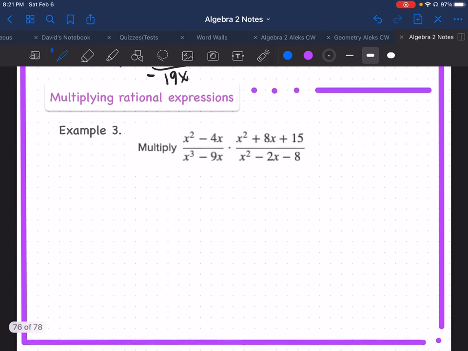Okay, so I'm going to start factoring my polynomials. Now, my first polynomial, x squared minus 4x, I'm going to think of it as x times x and 4 times x, because there's no c term, there's no constant after my bx term.